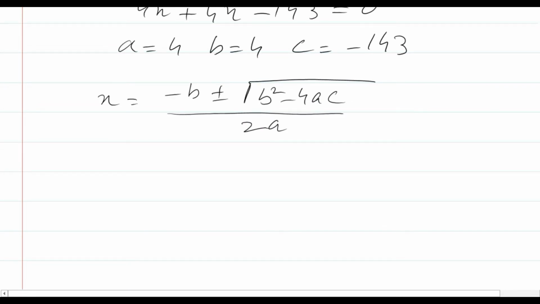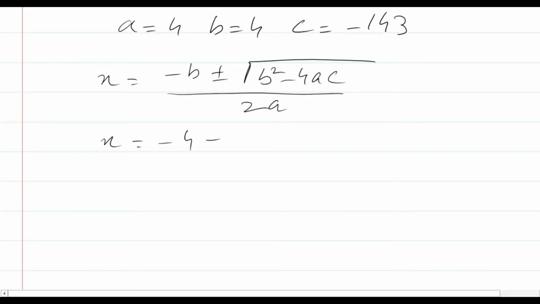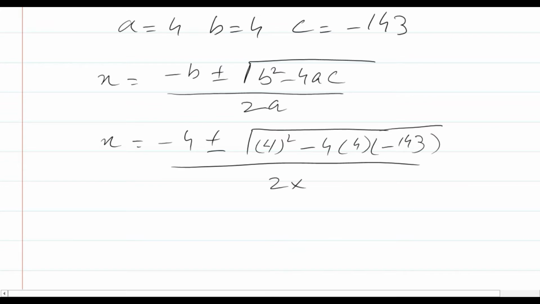Putting the values, you will get minus 4 plus minus square root of 4 square minus 4 times 4 and c is minus 143 whole over 2 times 4. x equal to minus 4 plus minus square root of 16 minus minus plus 16 times 143.